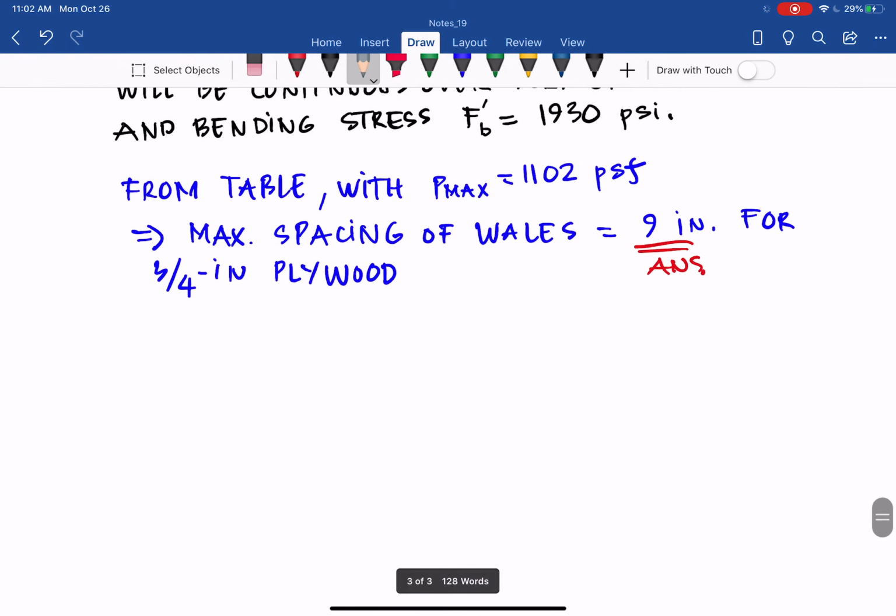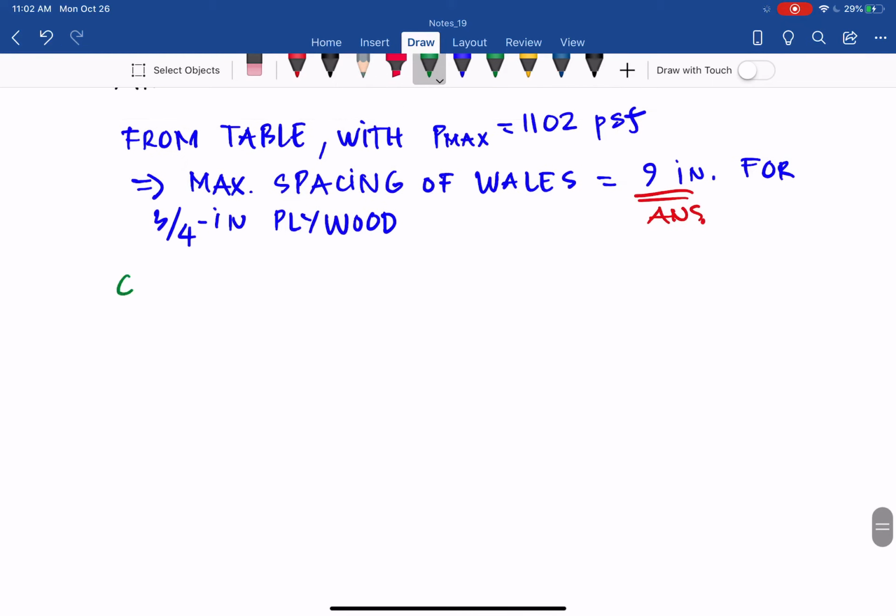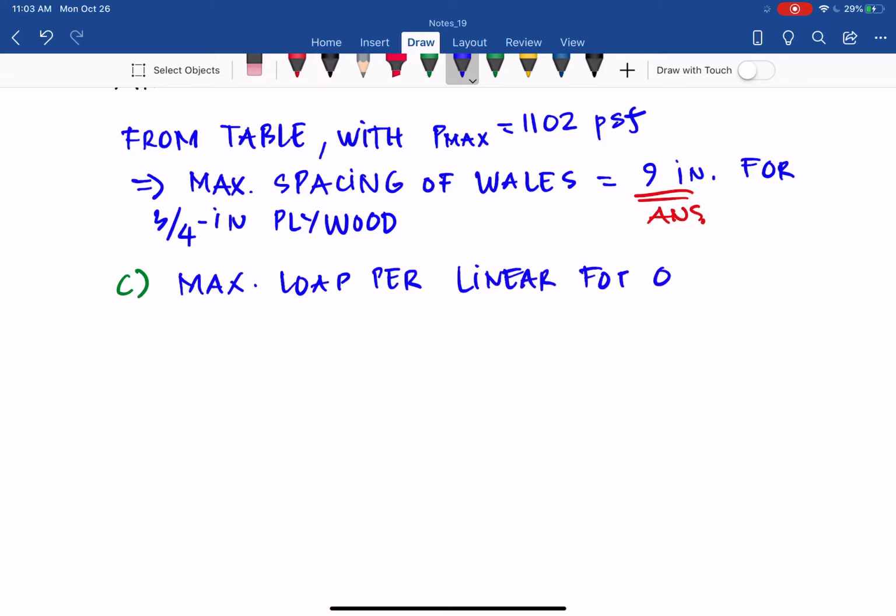So with that, we can go to C. We can determine the maximum load per linear foot of wells.